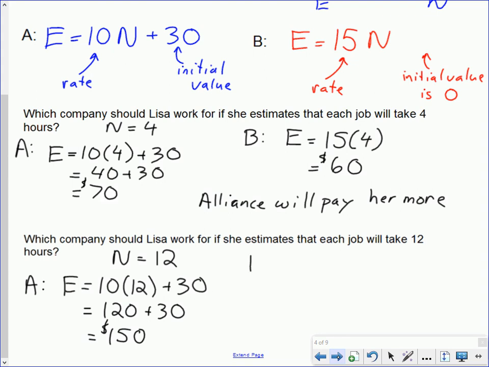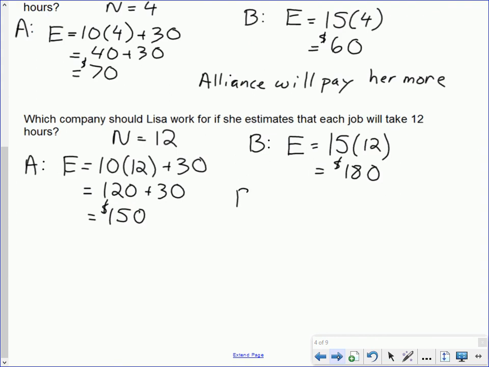Whereas Best Industries, on the other hand, is going to pay her earnings of $15 per hour times 12 hours, $180. And then we work it out there. So now Best Industries pays more.